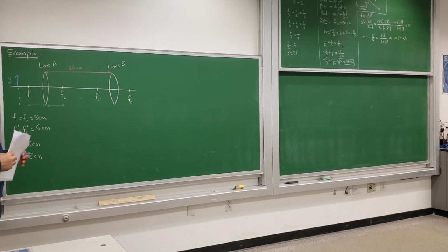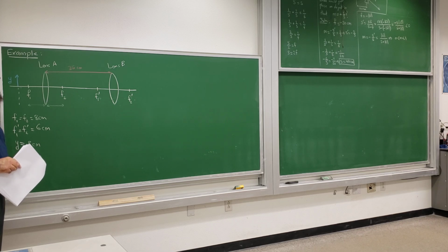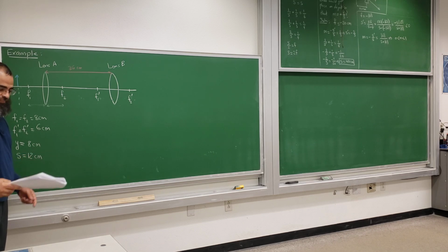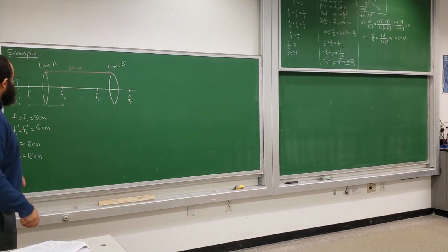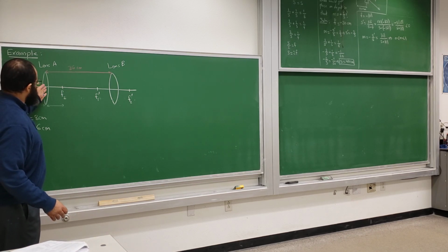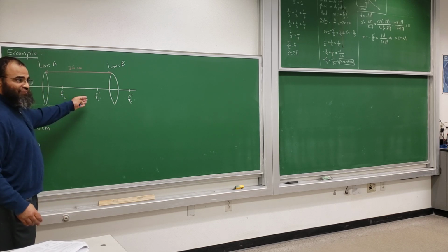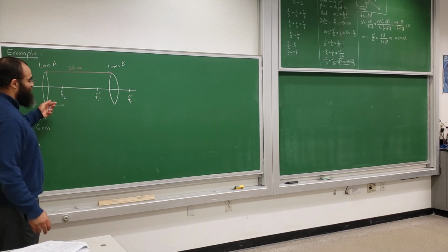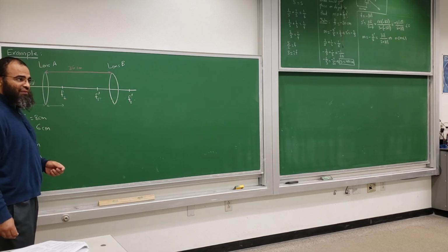And our goal is to find the final position of the image, and then how big it is and whether it's magnified or not. I mean, the magnification. Okay? So we will use this first lens to find the image. I'm going to call the image S prime, right?